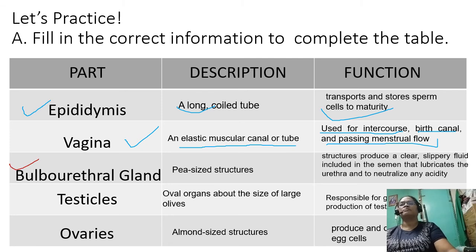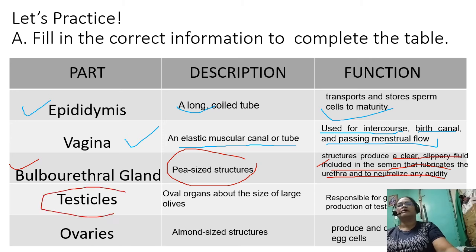Then we have the bulbourethral gland. This is a pea-sized structure, and this structure produces a clear, slippery fluid included in the semen that lubricates the urethra to neutralize any acidity. Then we have the testicles. These are oval organs about the size of a large olive.